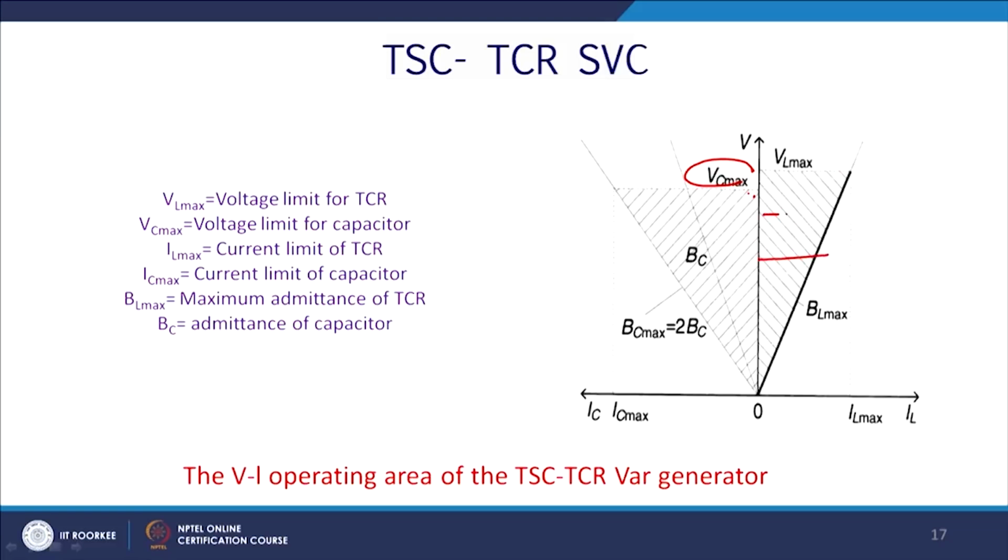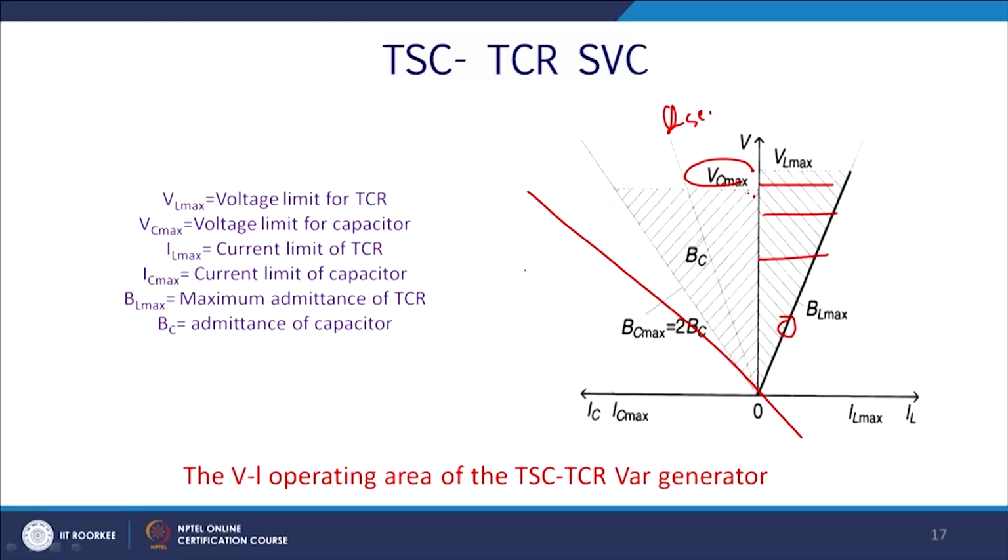You can choose any compensation level for VL depending on the amount of current you are passing through, and that will depend on the voltage rating of the supply. If you wish to change it, this is for TCSC1, this is for TCSC2, this is for TCSC3, this is for TCSCN. In that way this will go on.